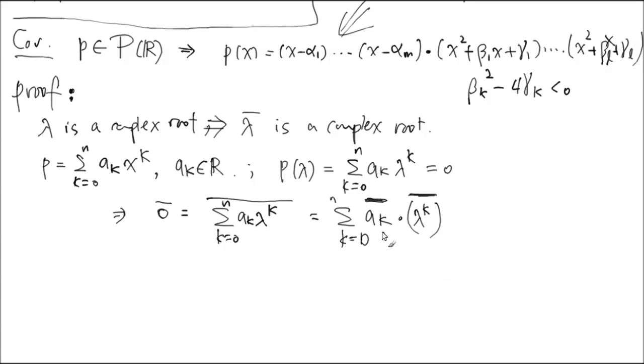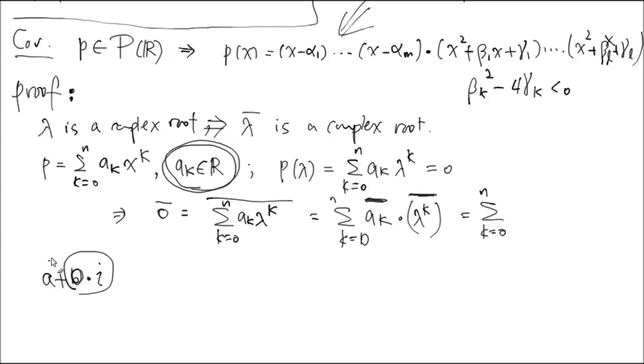What do you know about a_k bar? If it's a real number, it's going to look like this: a plus 0 times i, right? The complex conjugate will just change the sign of that, but that's 0. So a real number is untouched by complex conjugation.